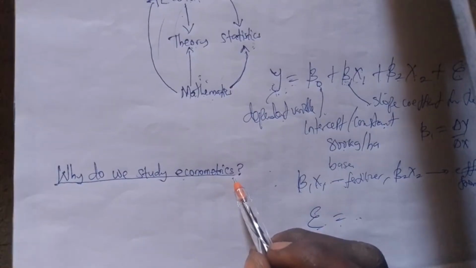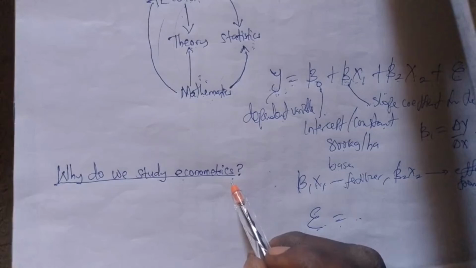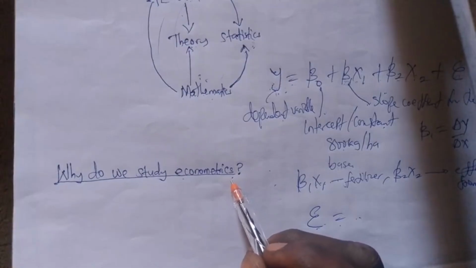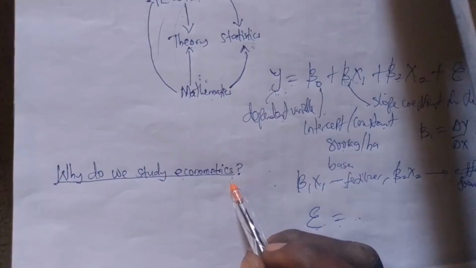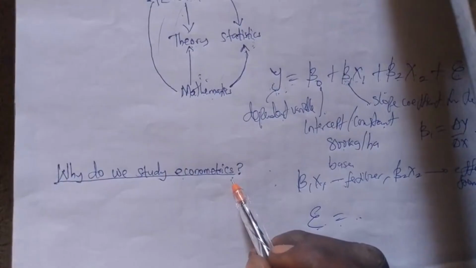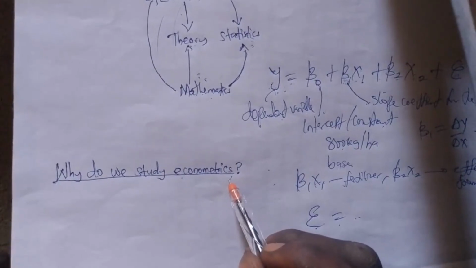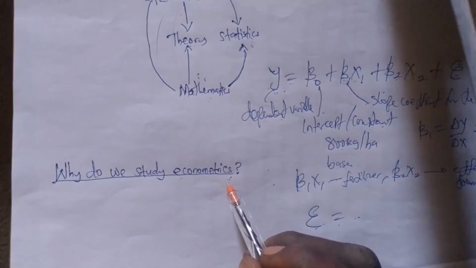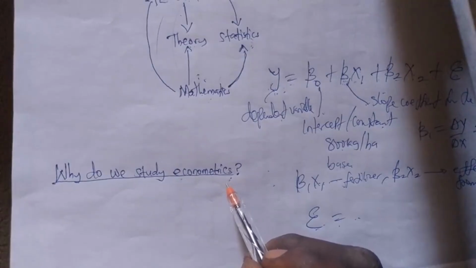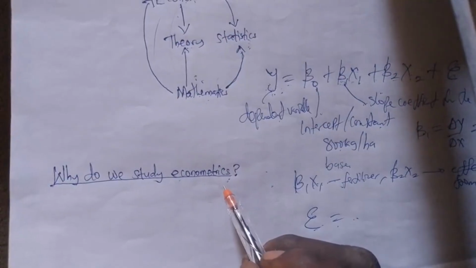Will subsidies on irrigation really increase rice production? And if yes, then by how much percent? Is it 20%? Is it 5%? Econometrics brings about this.